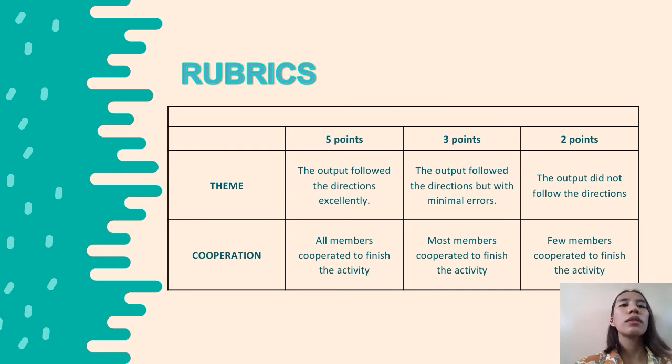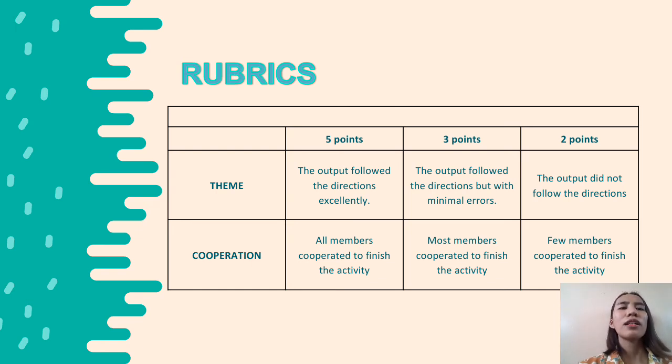Group 2, please present your work. Very good. Please give a round of applause for group 2. The last one, Group 3, please present your work. Okay, very good. Please give a round of applause for Group 3.